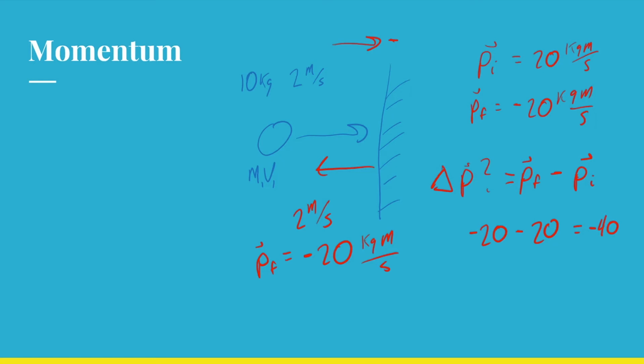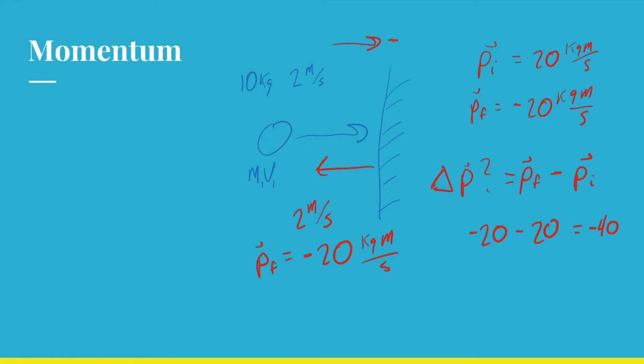That is the correct answer. The negative is very, very important because, again, it tells us direction. It tells us, okay, it was going in the positive direction, and then now it's going in the negative direction, which means it has to have been pulled back or pushed back or whatever in the opposite direction. And so the delta is -40 kilogram meters per second.